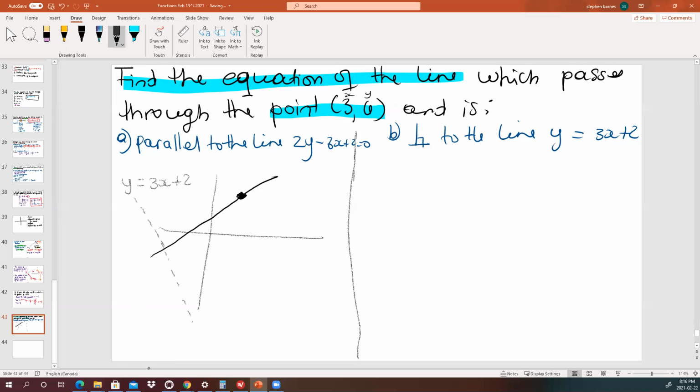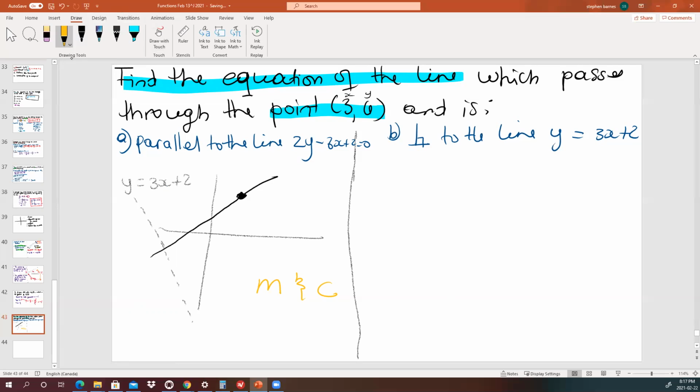So we have the equation of the line to which our line of interest is perpendicular, so we can work out our gradient. Remember, we're finding the equation of the line, and to do that we need to find our gradient and our y-intercept. So let's start with our gradient.